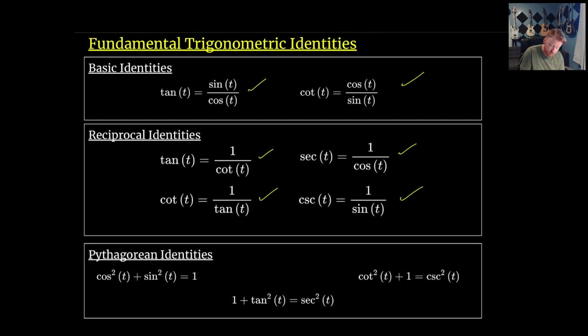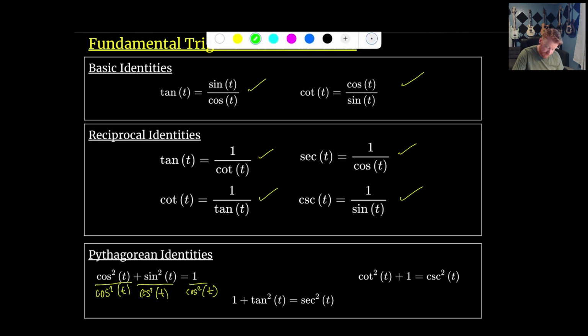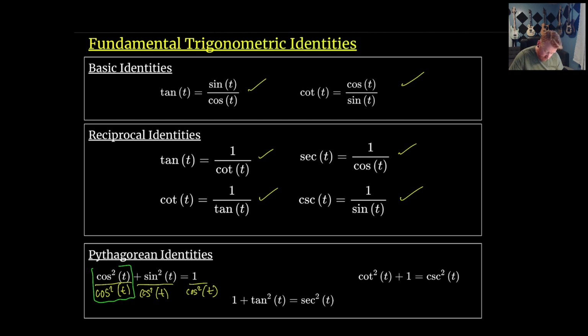So let's just quickly go through and show that these are what I say that they are. What we're going to do is take the Pythagorean identity that we already know, and I'm going to divide every piece here by the cosine squared of t. So I'm just dividing both sides by the cosine squared of t. Now if we simplify each portion of this here, cosine squared of t over cosine squared of t just gives us 1.